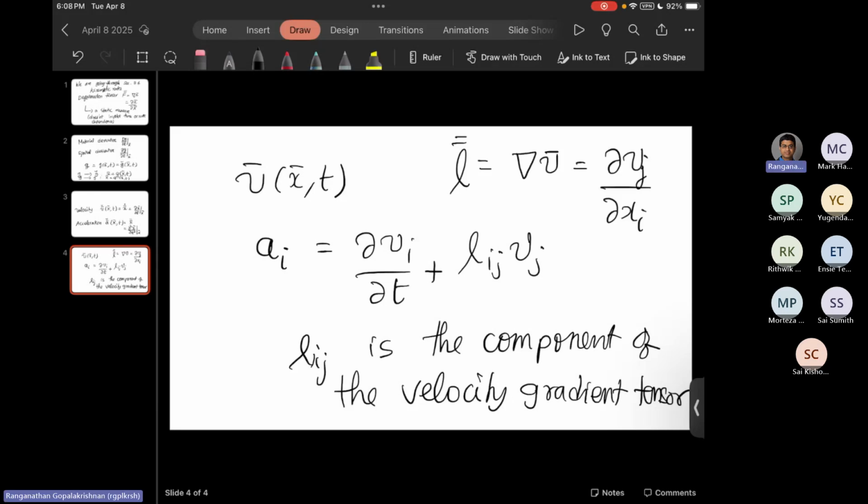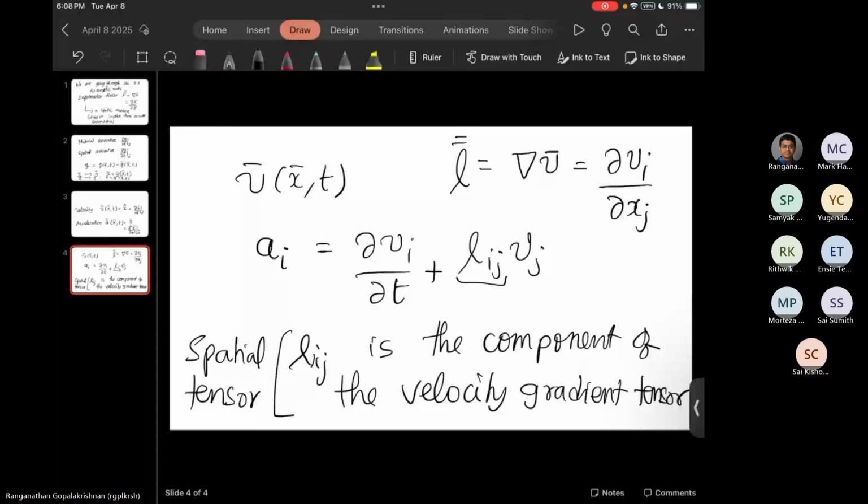I'm sorry, I got that backward. Partial v_i over partial x_j. And clearly, as you can see, L_ij is a spatial tensor because it has two indices, both of which are derived from the spatial coordinate system. Both the dyads are spatial vectors. Famously, the deformation tensor is a mixed tensor. You know that.